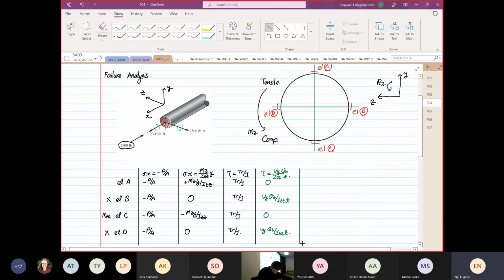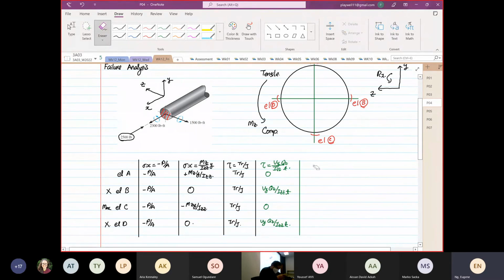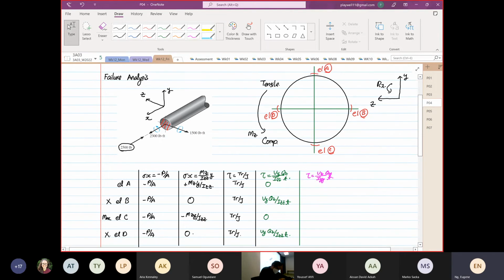Okay, and now I'll use a different color. Let's say we have a value of Vz, the shear will be Vz over Iyy, Qy divided by T. This is our Vz, but for this case we don't have it. I'm just saying, if you were having Vz and Vy, what must you do?